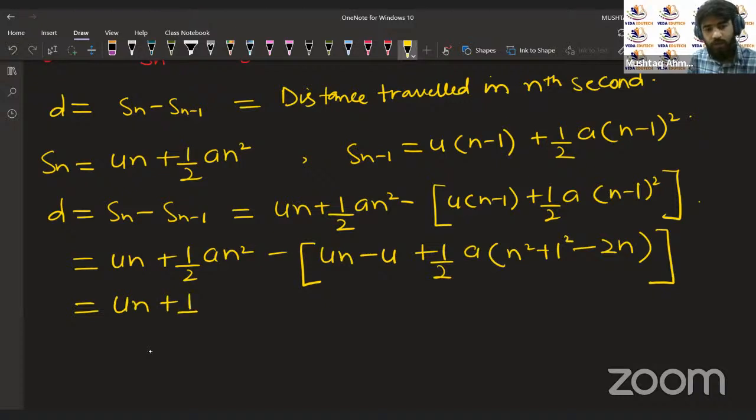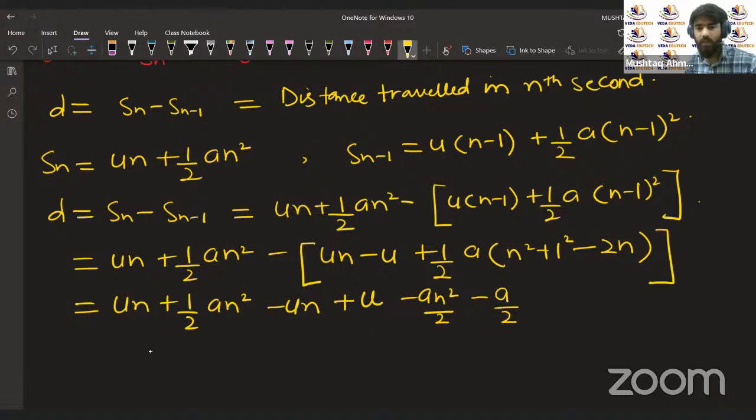So it will be un plus half an square. We'll multiply with the negative sign for all the terms here. So it will be minus un plus u, minus half an square, and minus a by 2.